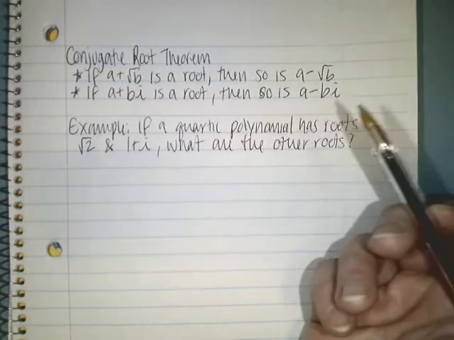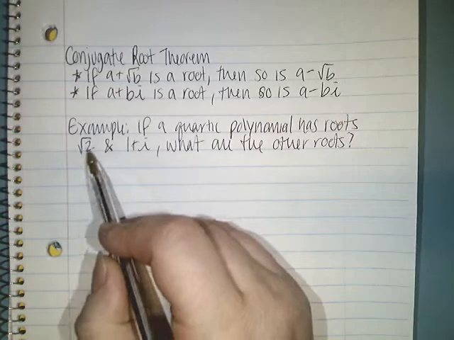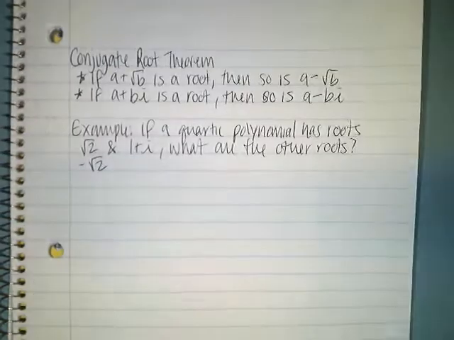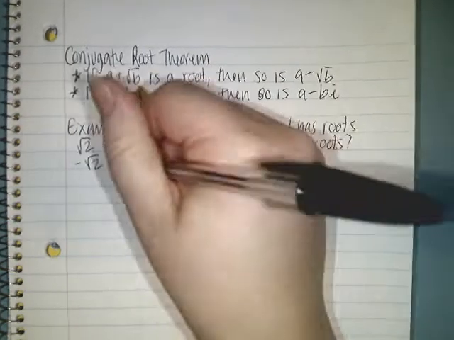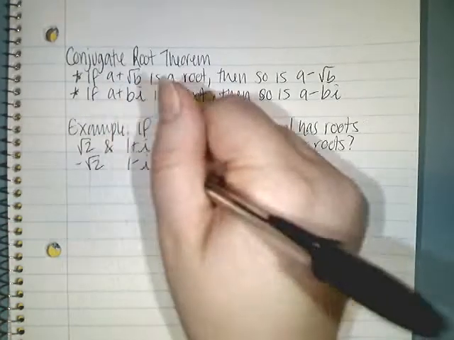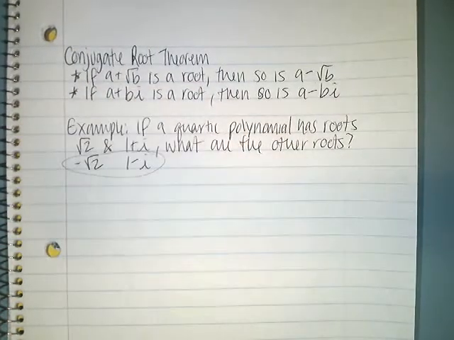So all you're going to have to do is do the negative or positive version. So this would be like 0 plus root 2. So the other possible root for this one would be the negative square root of 2. Since it's positive here, the other one would be negative. So the other roots are just negative root 2 and 1 minus i.